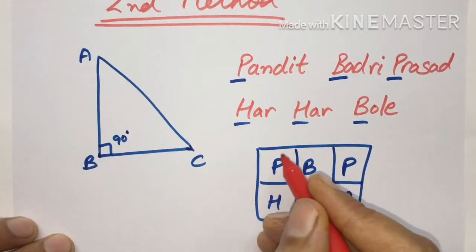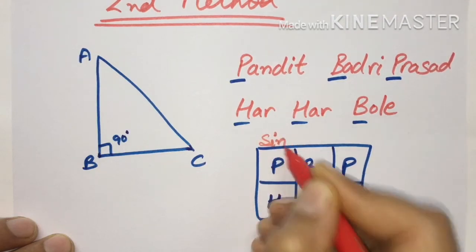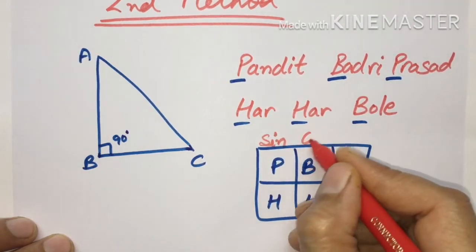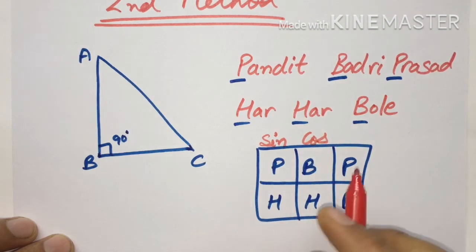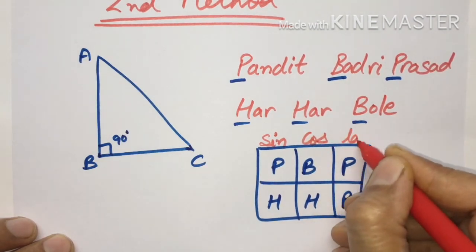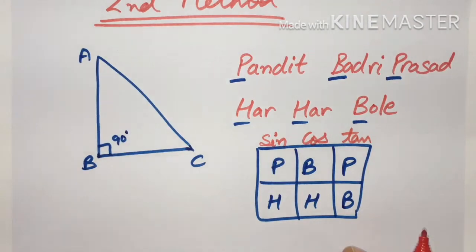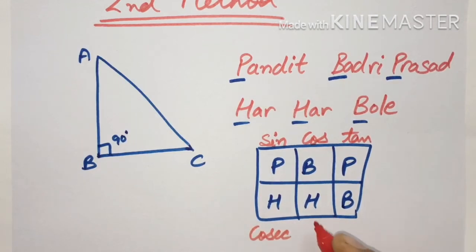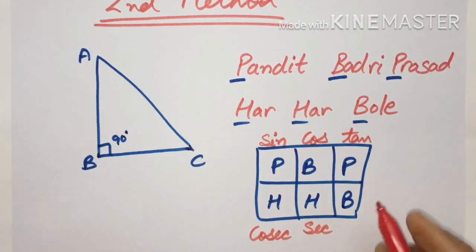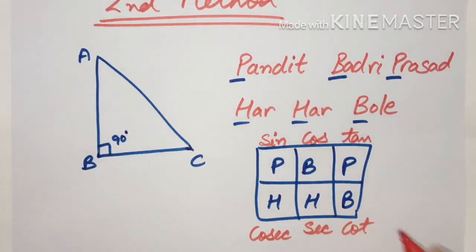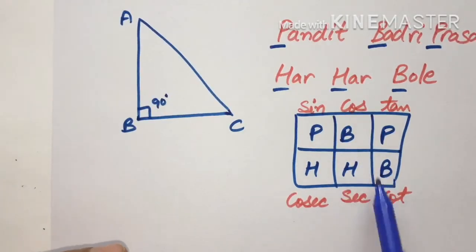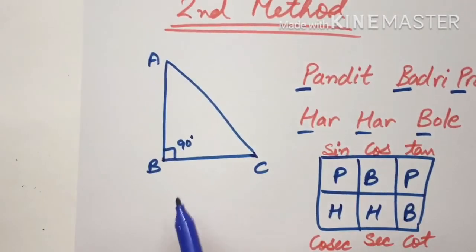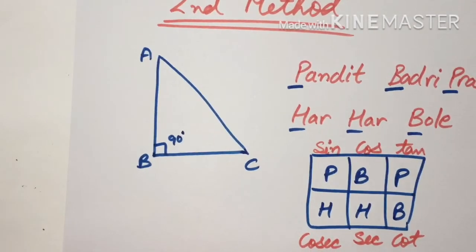This first column is for sine. Second column, cos. Third column is for tangent. And the other values are the reciprocals of sine, cos and tangent. So this is the value of cosecant, this is secant, and this is cotangent. For using this table, we should know in the triangle which side is perpendicular, which side is hypotenuse, and which side is base.